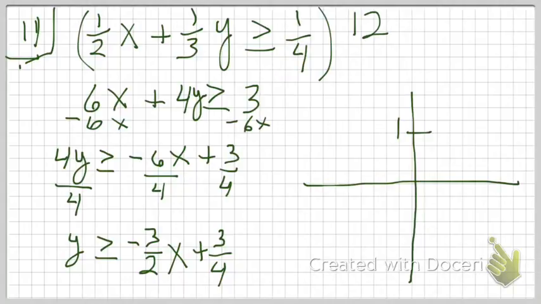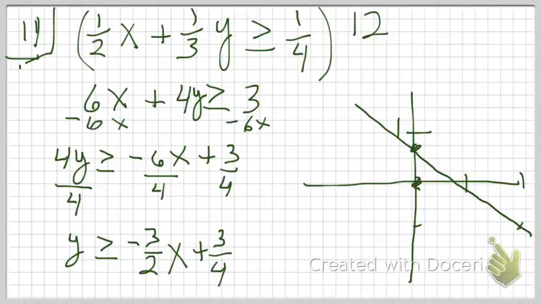Okay, if I call that 1, there's 3/4. And if I, let's see, halves, how can I get another point? Let's come down 3, so that's 3/4, 1, 2, 3, and then go over 2. And it's going to be a solid line.